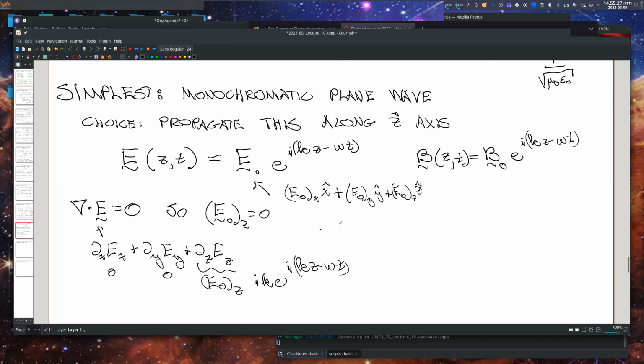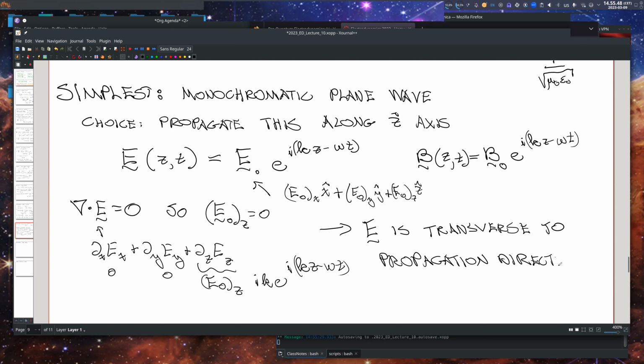So therefore, the E field is transverse to the propagation direction.